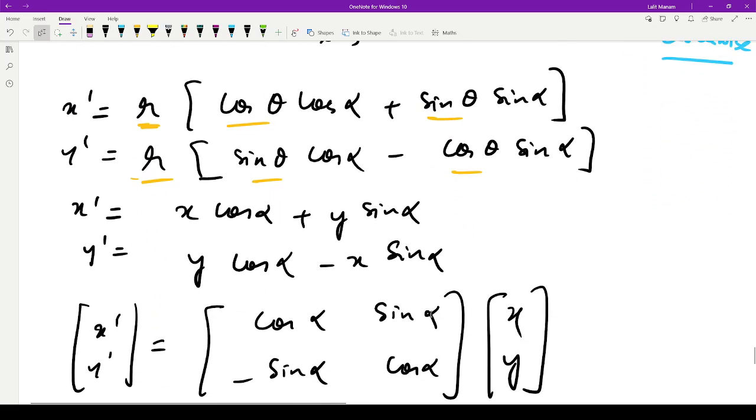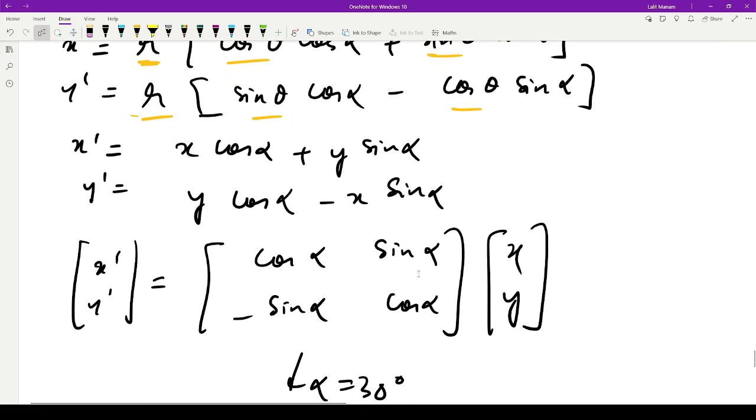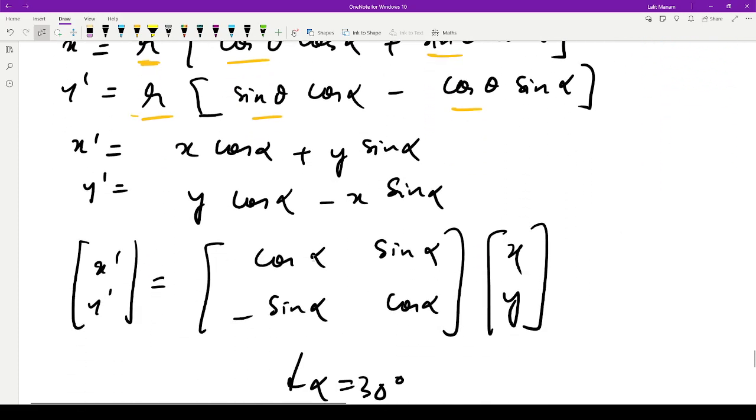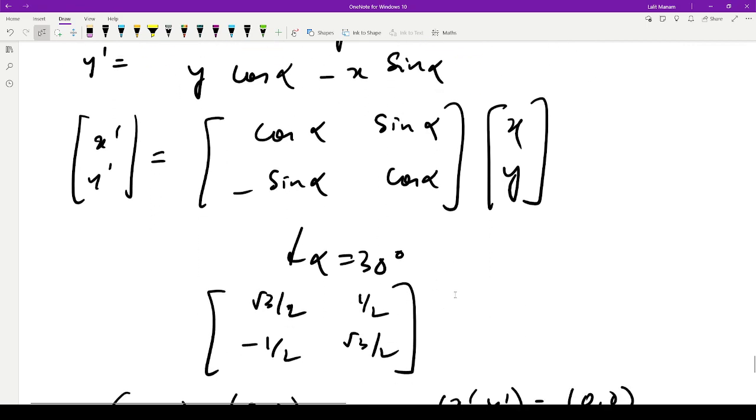So instead of alpha, we can replace it with minus alpha everywhere in this matrix, using cos(A plus B). Cos of minus alpha is cos alpha, and sine of minus alpha is minus sine alpha. So it will be [cos alpha, minus sine alpha; sine alpha, cos alpha]. That's it for anti-clockwise. This is clockwise.